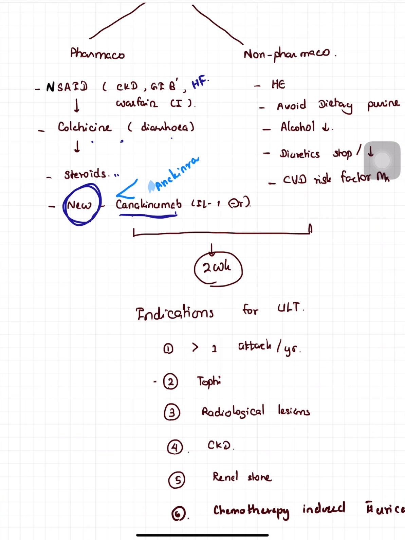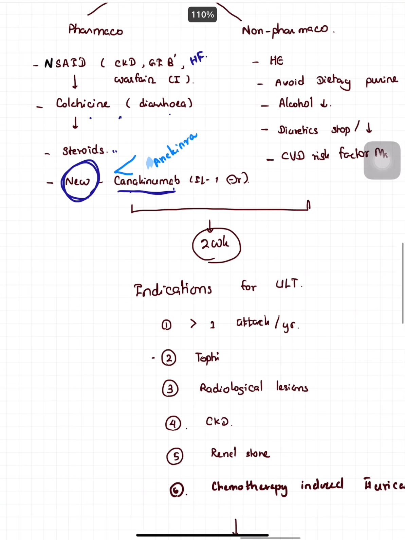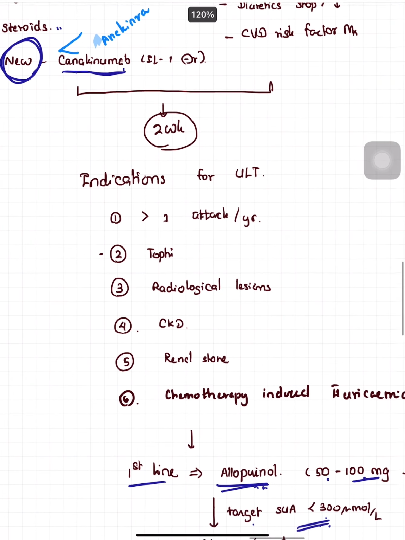The indications for uric acid lowering therapy are complications of acute gout, which include tophi, radiological lesions like deformity, CKD, kidney stone, and if the attacks occur more than or equal to 2 per year.